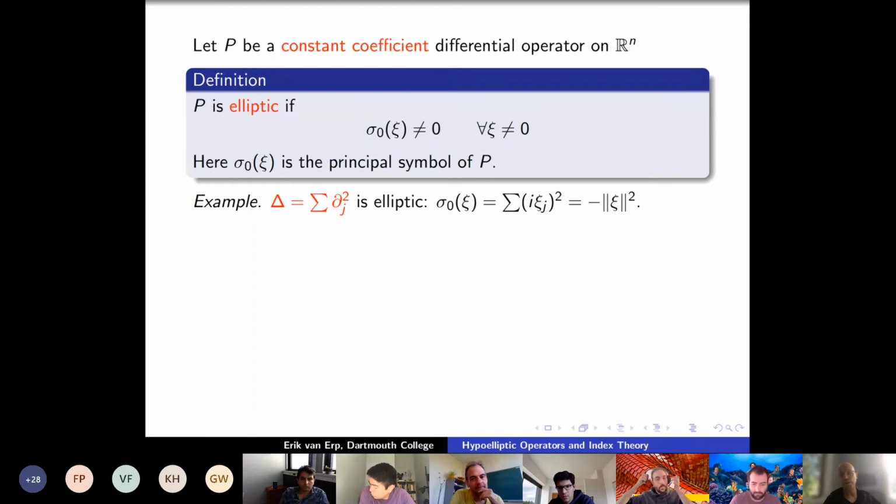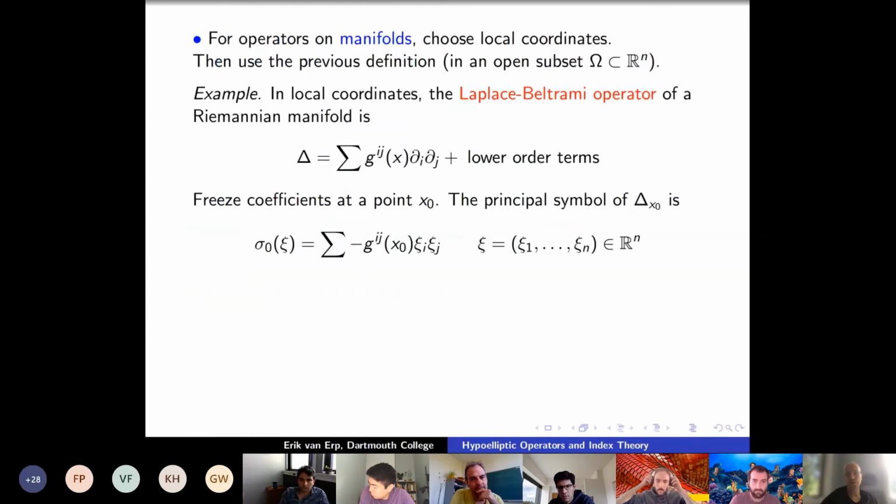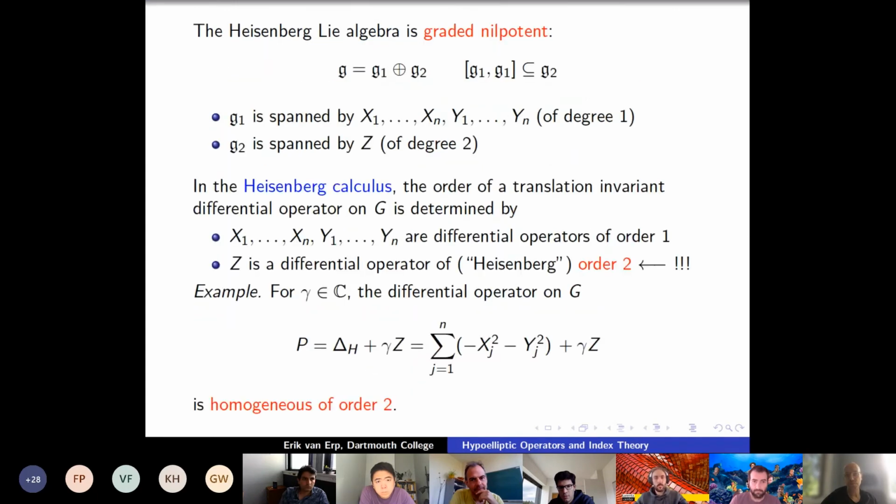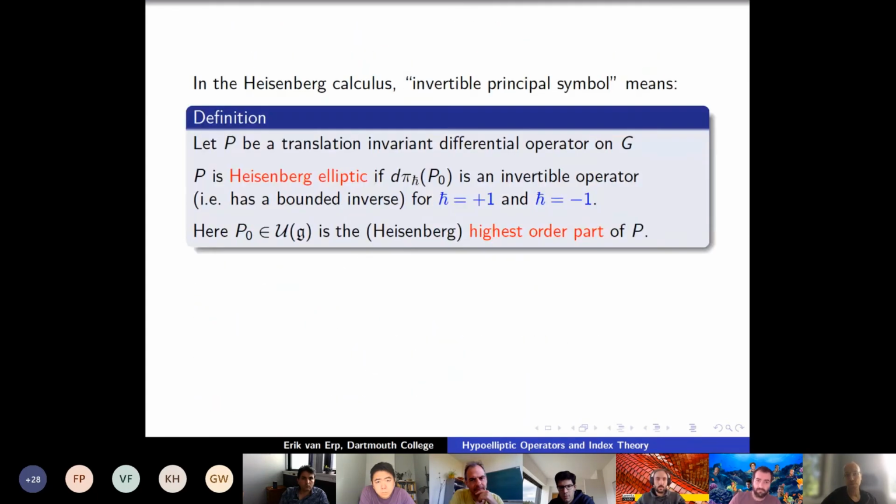So back to this one. Right, so that explains very vaguely, but what I'm saying is true, that if you take the other values of h bar, it will also be invertible, if it's invertible at these two values.